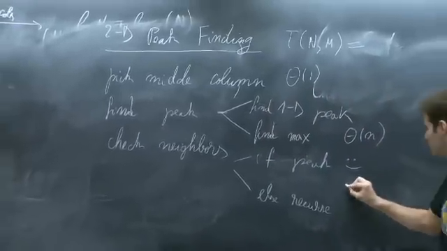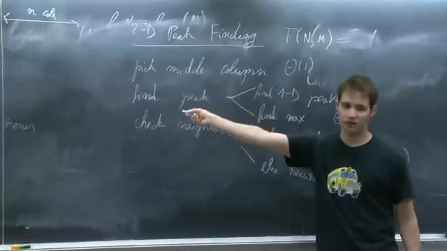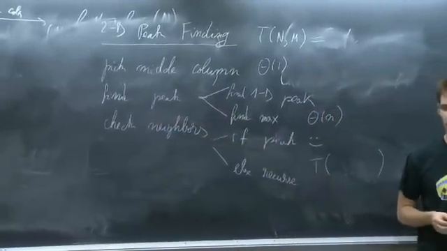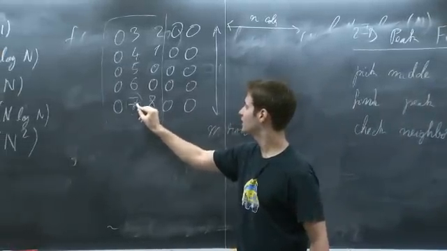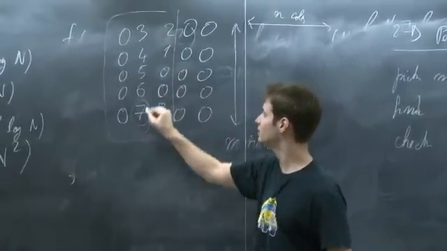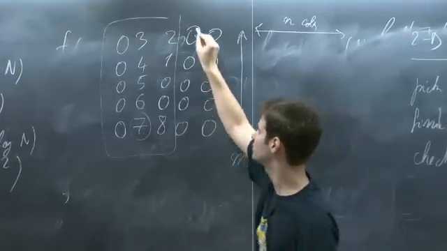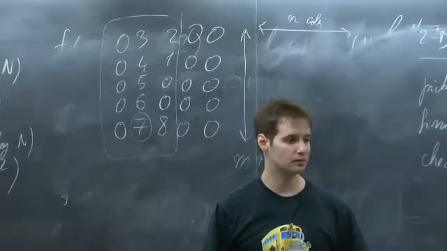How does the new problem look? It's an identical problem. I still have a matrix, except what changed? So suppose I got here, and this is the middle of my matrix, and I see that this guy is bigger. So I'm going to recurse to the right side. What happened to my problem size?